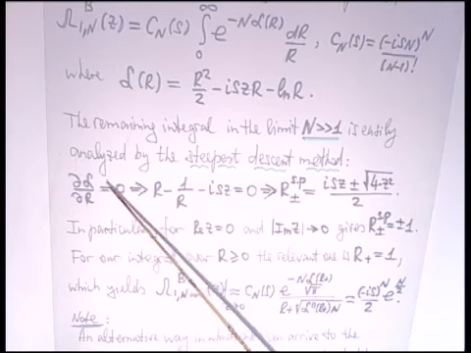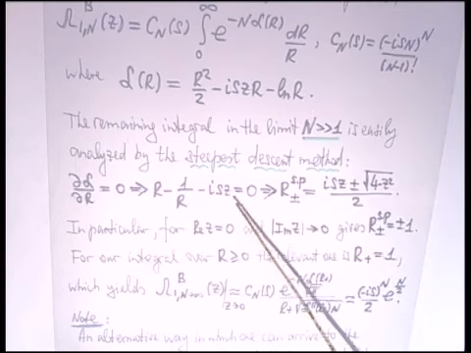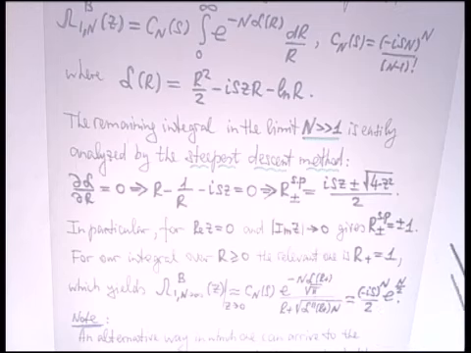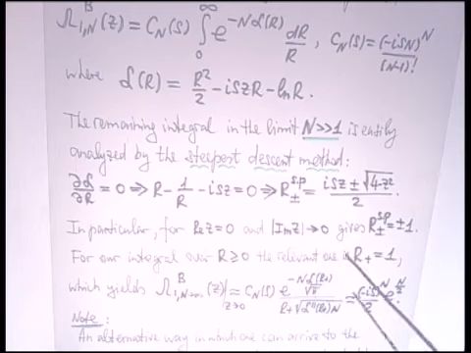But technically one just differentiates this over R, and then one finds that the solutions are given by this. It just amounts to solving a quadratic equation, as you may see. And this is the corresponding solution.